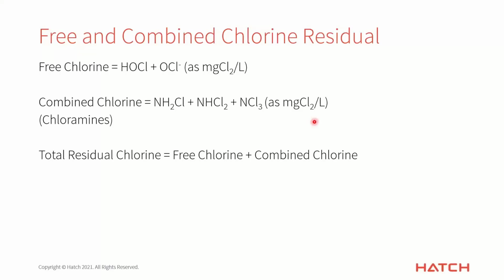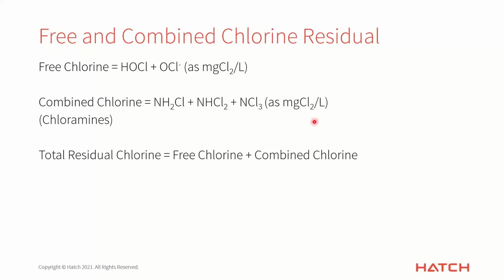So for those of you who don't know, chlorine residual is basically just the concentration of chlorine in the stream leaving the chlorination basin. And you typically want it to be below or around 0.5 milligrams of chlorine per liter. And free chlorine is basically when chlorine is added to water, it rapidly hydrolyzes and forms hypochlorous acid and hypochlorite. So that's HOCl and OCl minus as seen on the slide there.